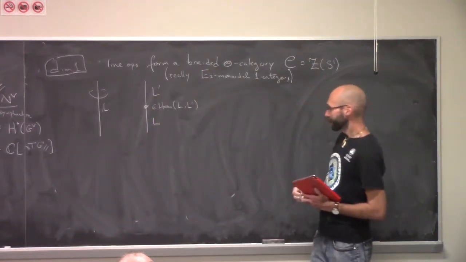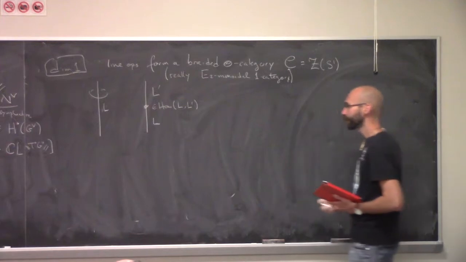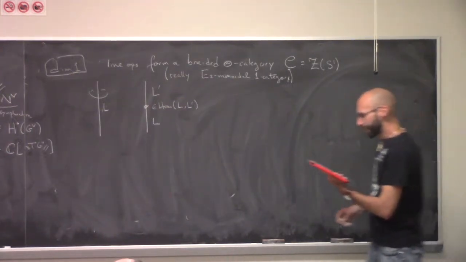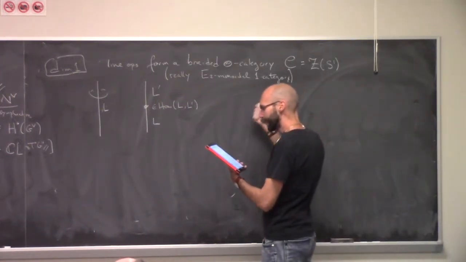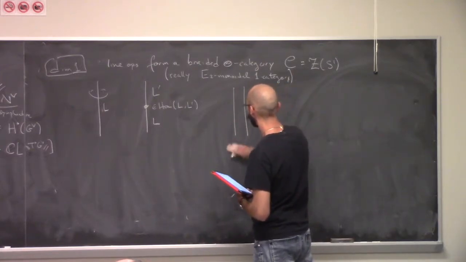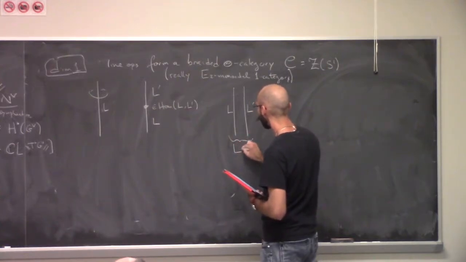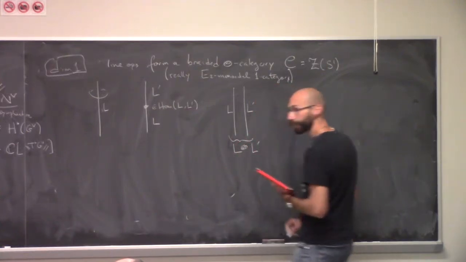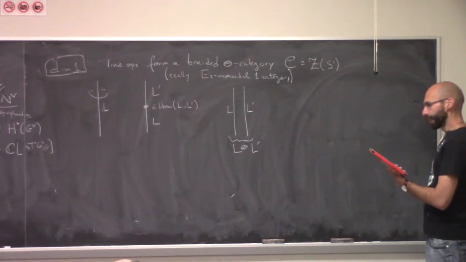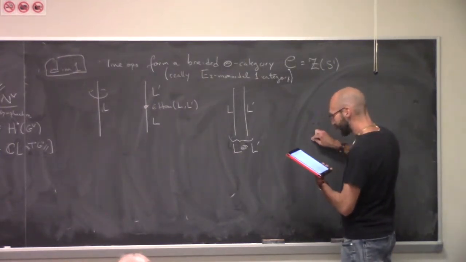So Hom between L and L prime is the vector space of all local operators that can sit at the junction, rather the cohomology of that. There's a tensor product that comes from putting two lines very close to each other, and there's a braiding that comes from braiding.